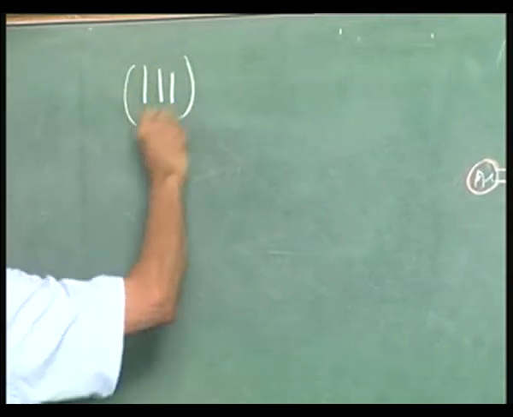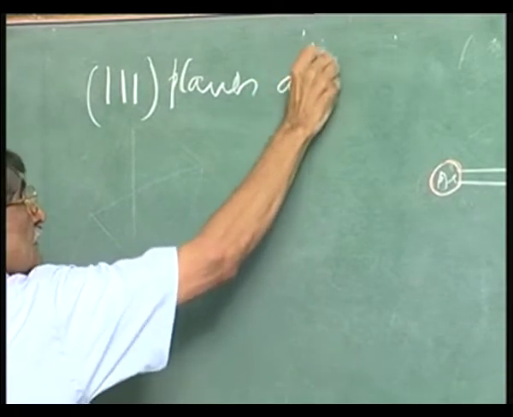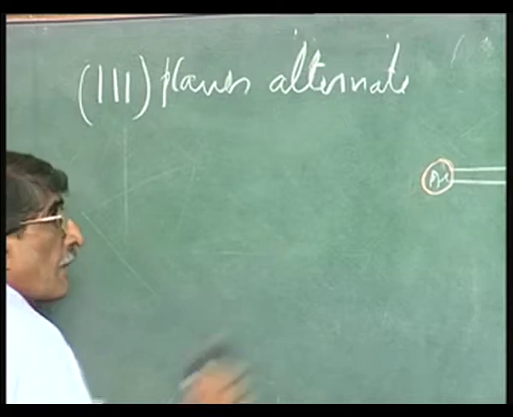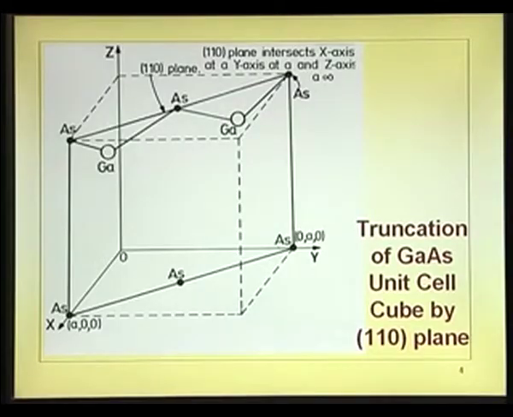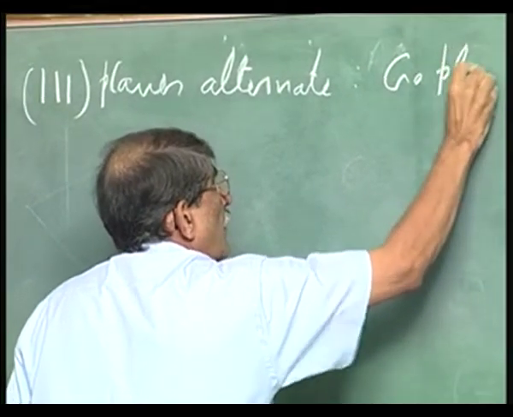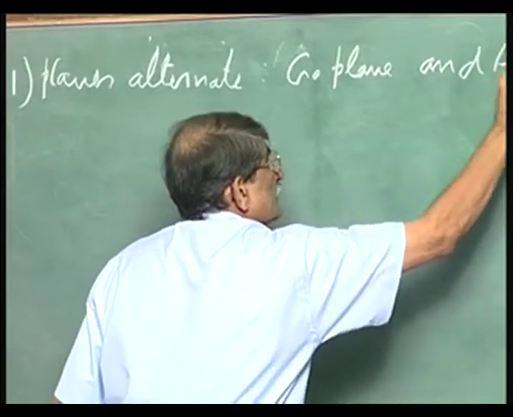This is very important because they make use of this property for some technology. One plane, alternate gallium plane and arsenic plane.